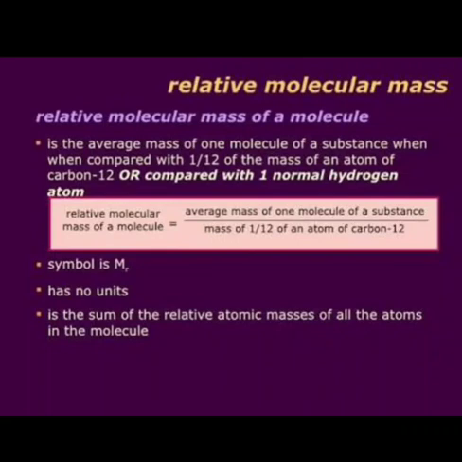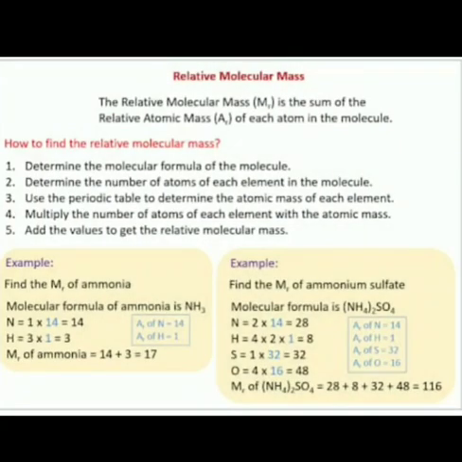Now we have to find out how to calculate the relative molecular mass of a substance. Here I will tell you some rules. See from the figure. One, determine the formula of the molecule or compound.